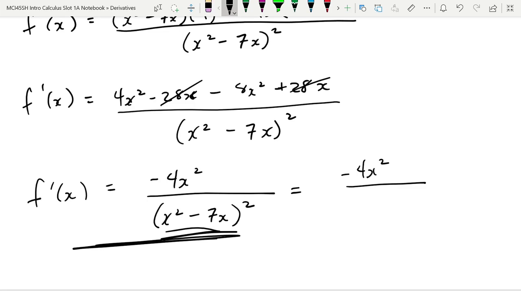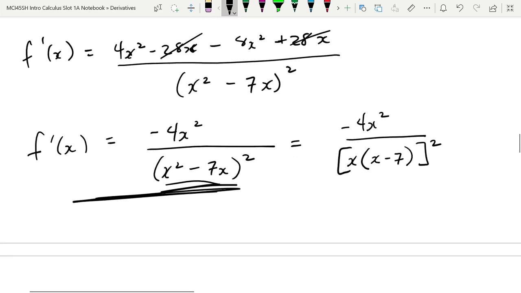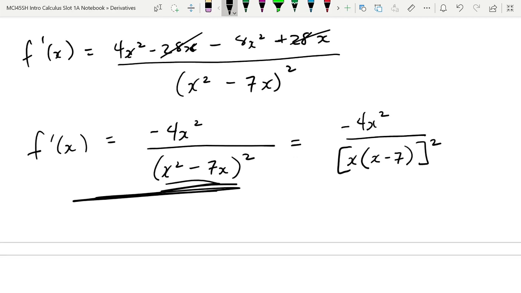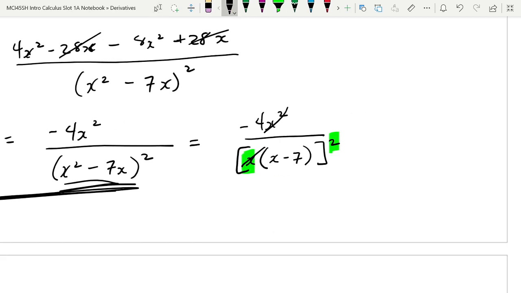I'll use a square bracket, and then I'll factor an x out, and then I'll get x minus 7, like that, and then squared. And notice that this really is x squared, right? So technically, this cancels that. You like that? Is that what you were noticing? Yeah, you're right. This is, I suppose, a simpler answer, isn't it?